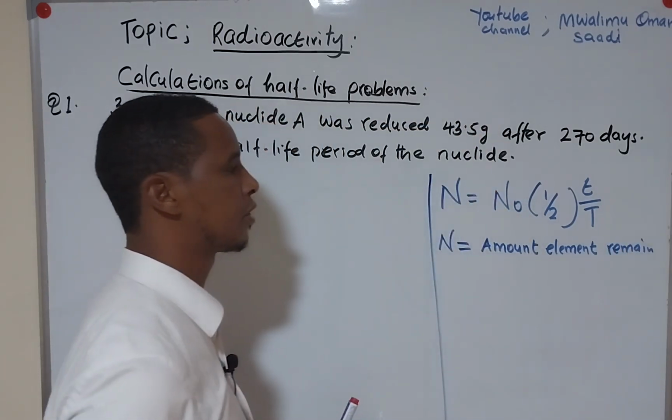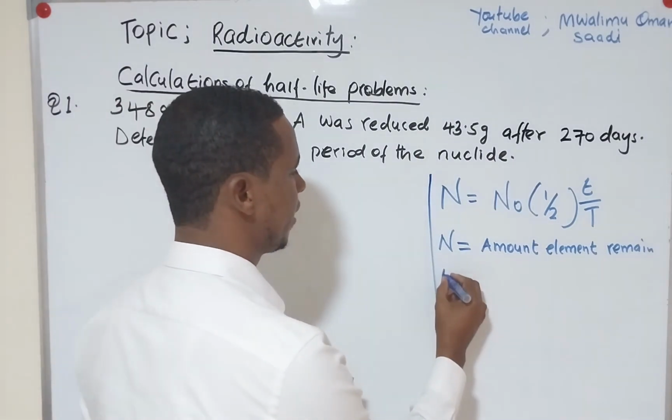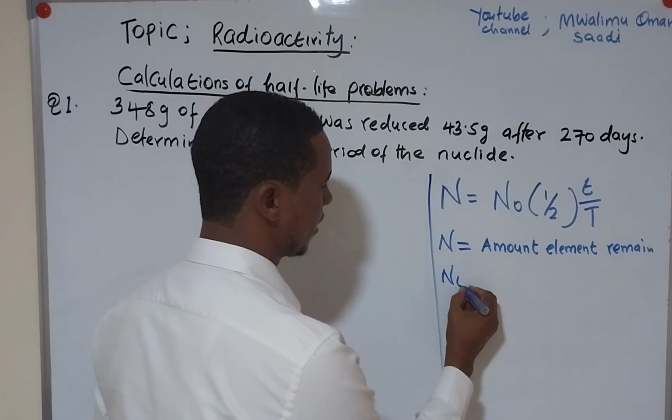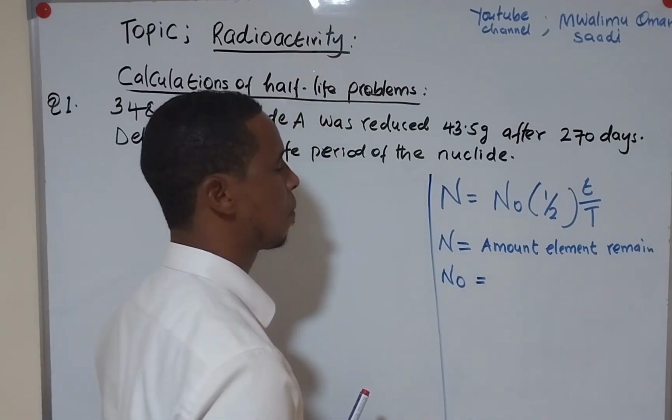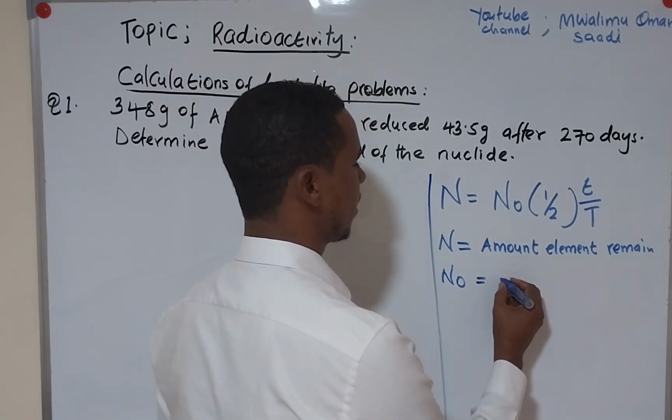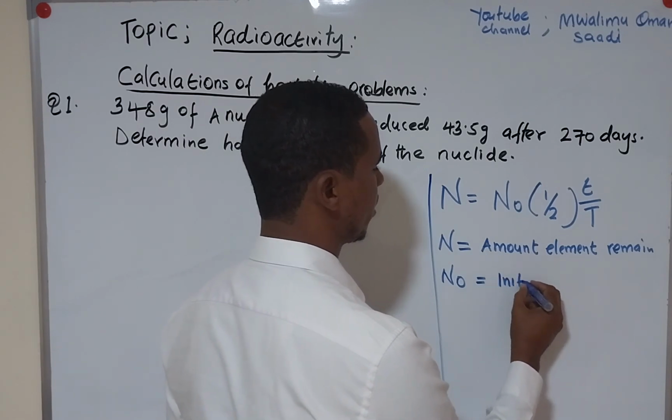So the amount of element remaining after decay. N0 is the initial amount.